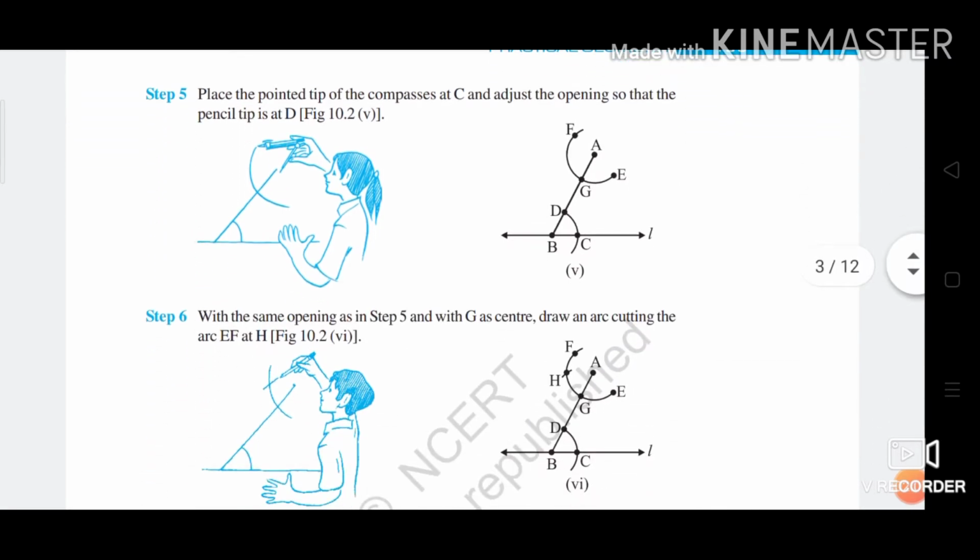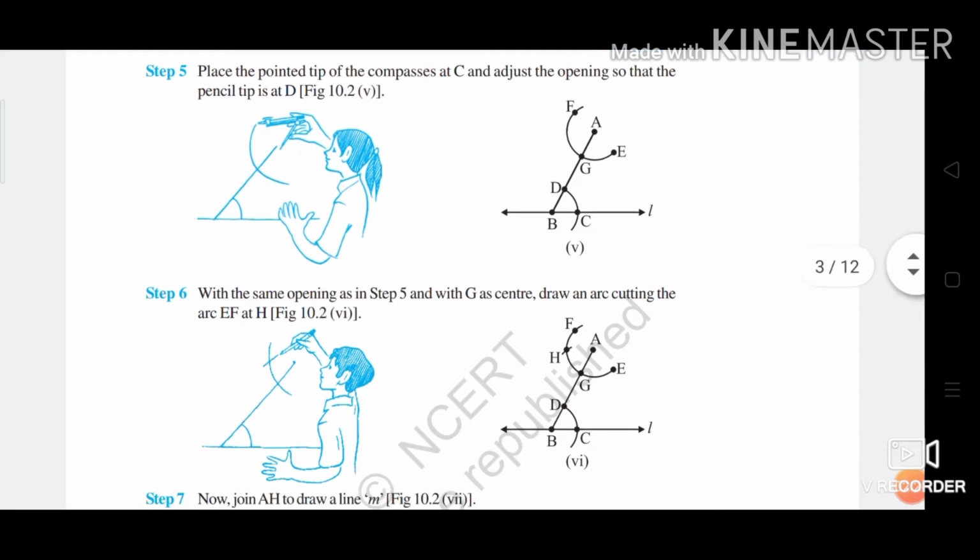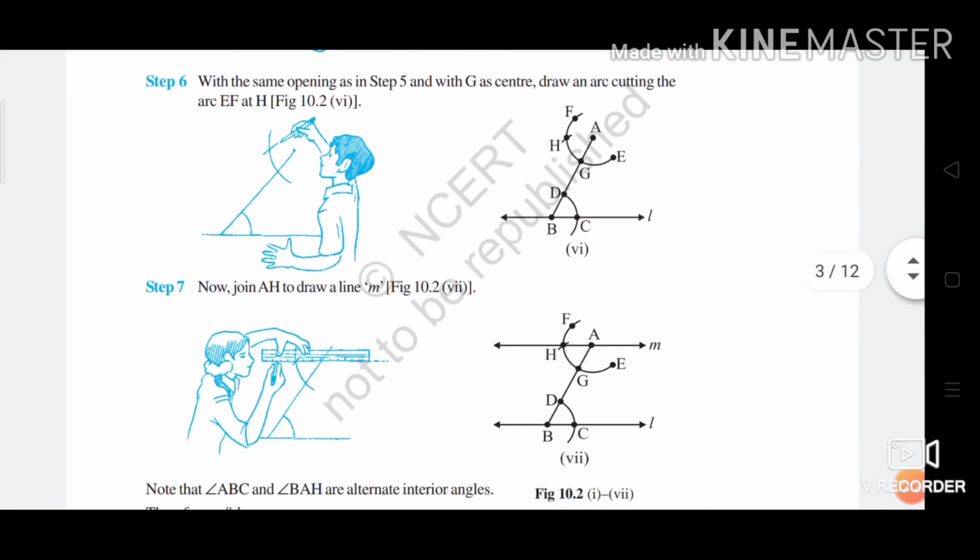With the same opening as in step 5 and with G as center, draw an arc cutting the arc EF at H. Then join the points H and A, and name the line you get as M.